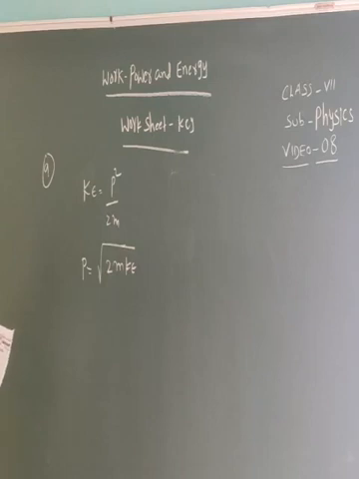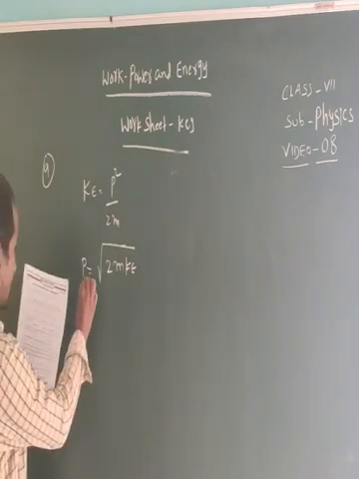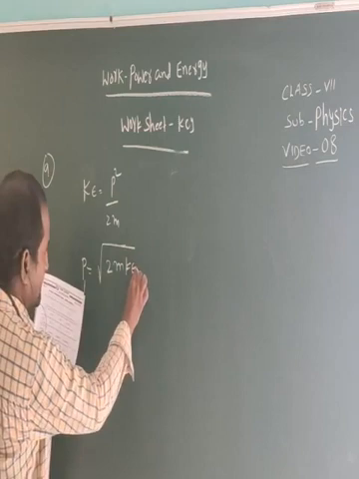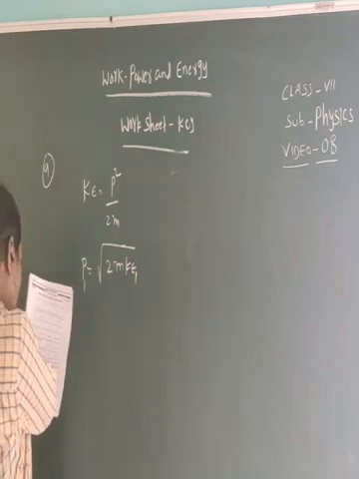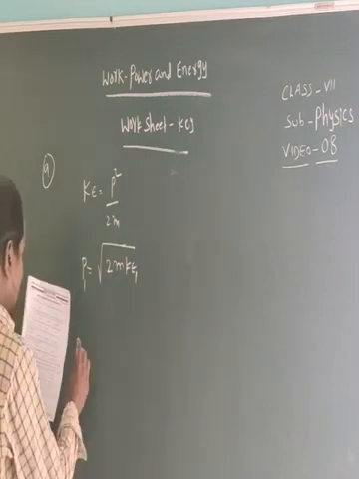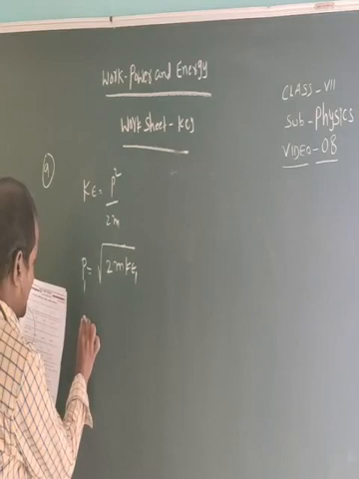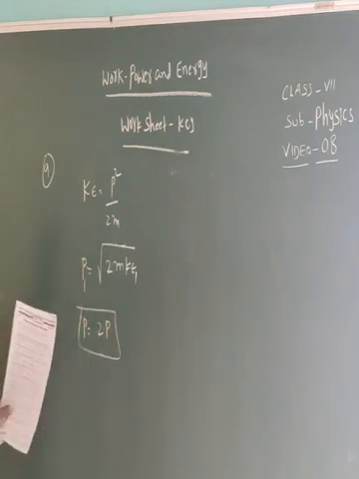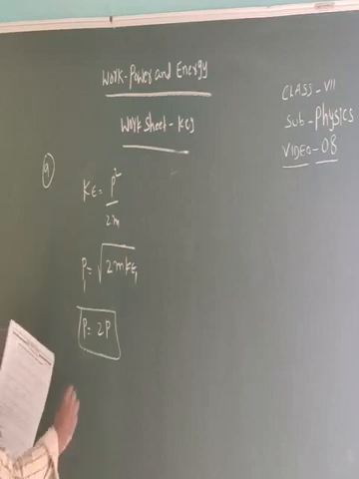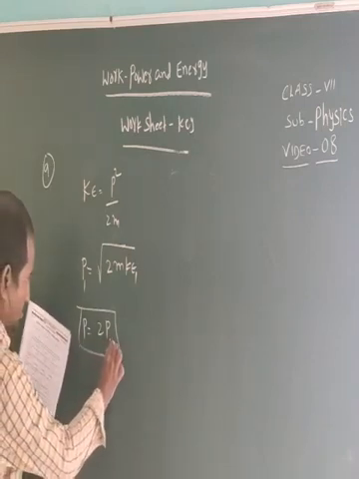Now, in the first case, it is P1 and K1. Now momentum is doubled, so P2 equals 2P1.